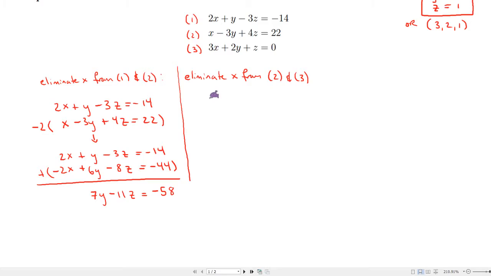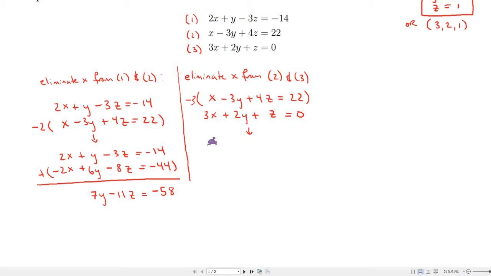Okay, so we have x minus 3y plus 4z is equal to 22, and 3x plus 2y plus z is equal to 0. So if we want to eliminate x, what seems to be the best choice? Well, if we make a coefficient of negative 3 in front of this x, then that seems like it'll fix this equation so we can eliminate that.